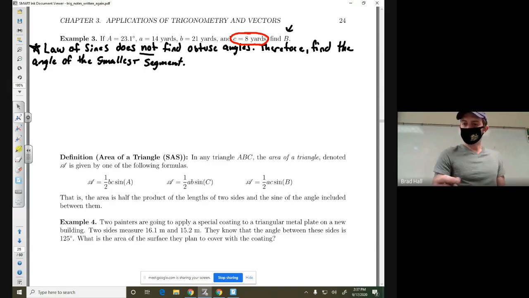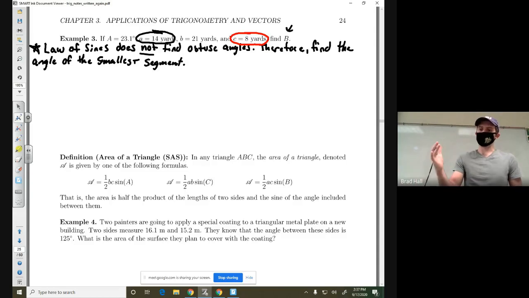All right, so if anything, we can solve for little c or little a. You can really solve for either two. We just don't want to solve for the largest segment. So really, it's probably better to solve for, well, really, we don't have a choice here.